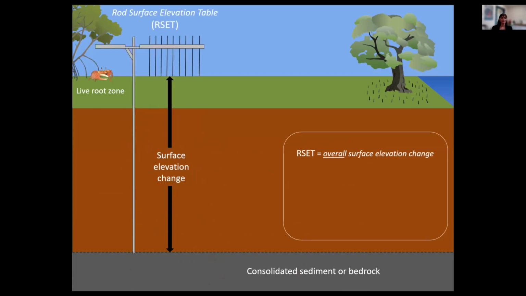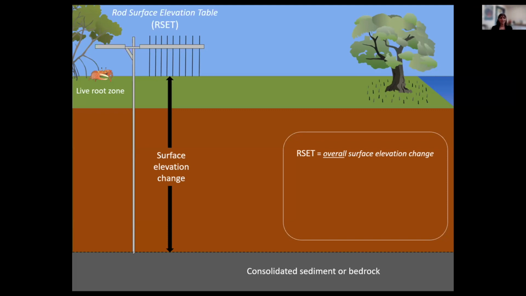So the RSET measures very precisely the overall elevation change in our coastal wetland. Stainless steel rods are driven many, many meters, like 10 to 20 meters, to a point of refusal in the mangrove sediment and fixed into place. So this forms a permanent benchmark from which we can come along and measure the elevation relative to this benchmark by attaching the RSET to the constant plane.